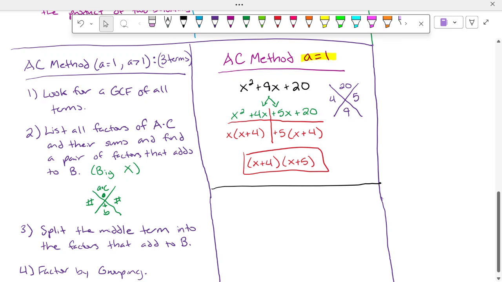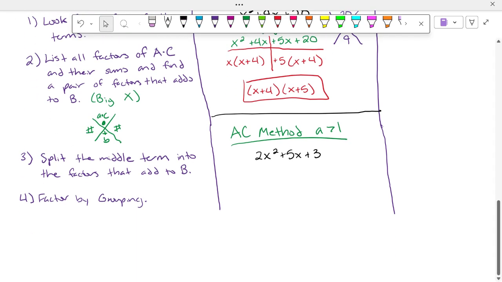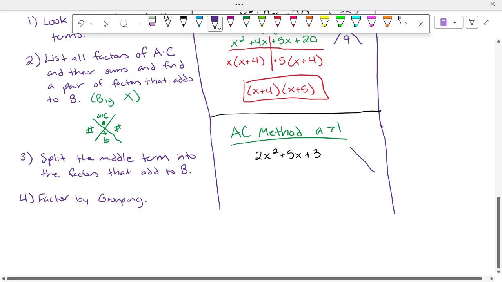If my a value was greater than 1, so AC method, a is greater than 1, so I'm doing example B now, so 2x squared plus 5x plus 3. I'm going to do my big X off to the side.